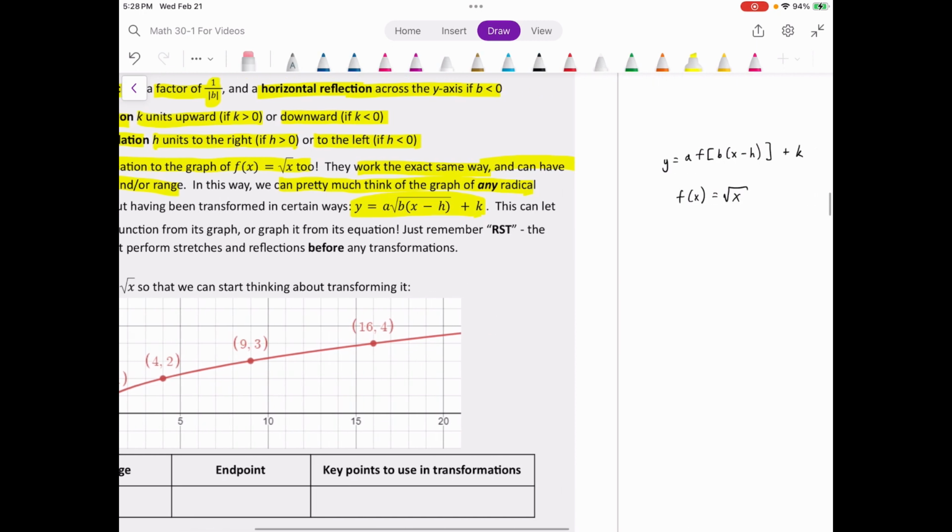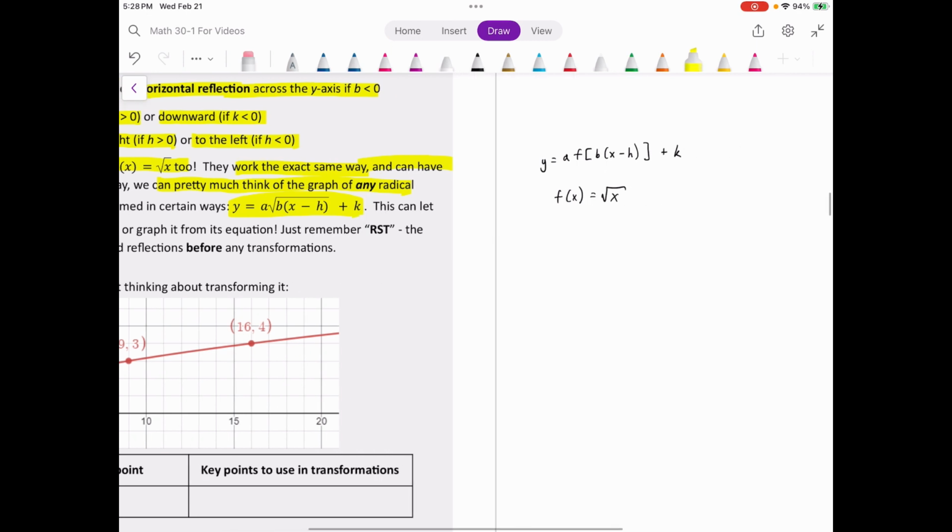I just want to make a little note, if you're wondering, hey, where did that come from? That's not on my formula sheet. You're right, it's not on your formula sheet, but it doesn't really need to be, because this is on your formula sheet: the general form of a transformation to a function in function notation. And all we're doing is applying that to this specific function. So again, these are in general.